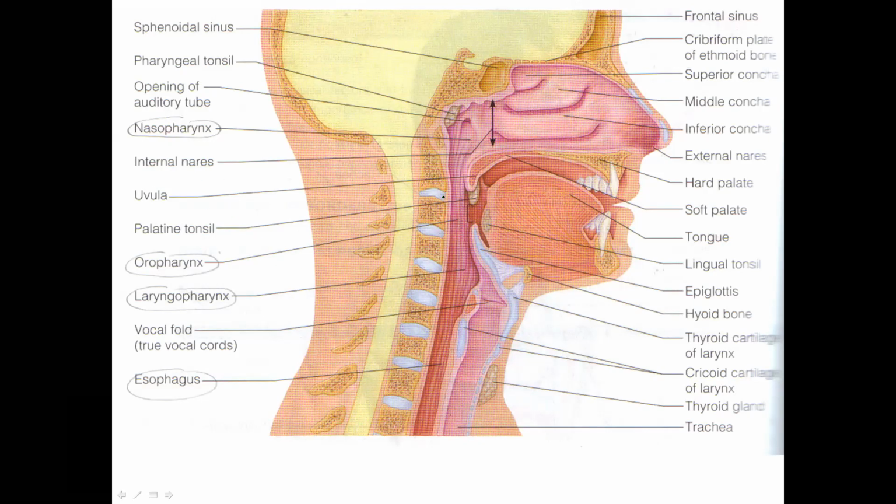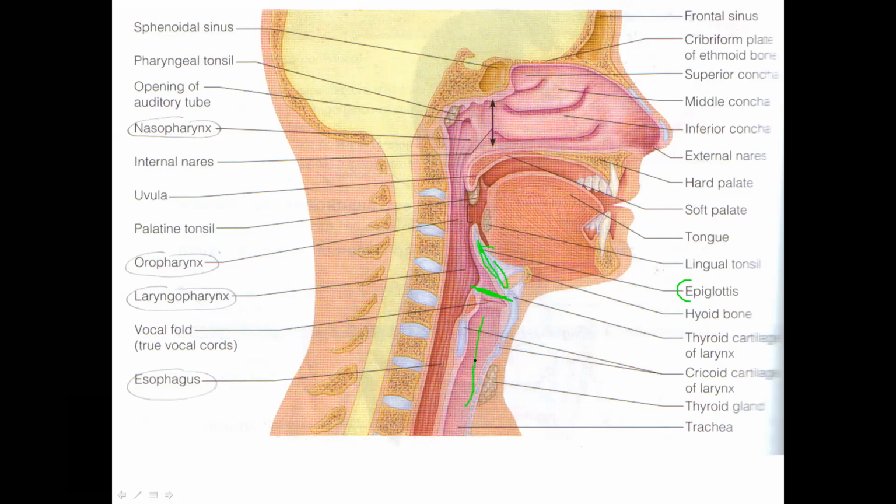Cross section here, you can see the epiglottis, right? That's the structure that covers the windpipe so that you don't get food into the windpipe. So this is the trachea.